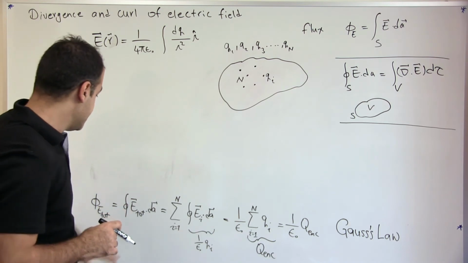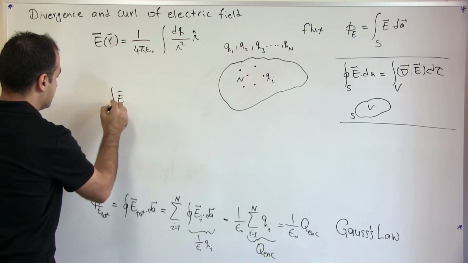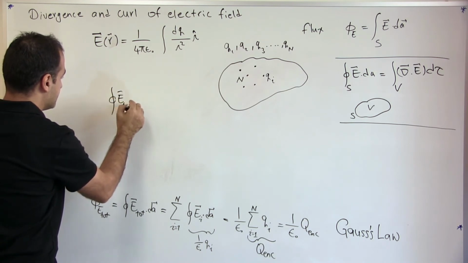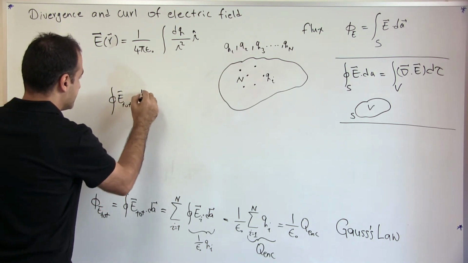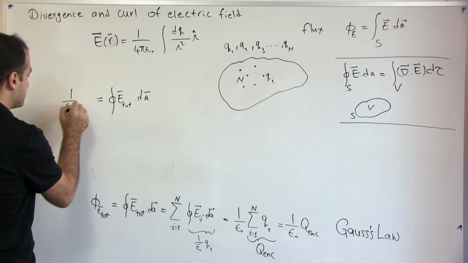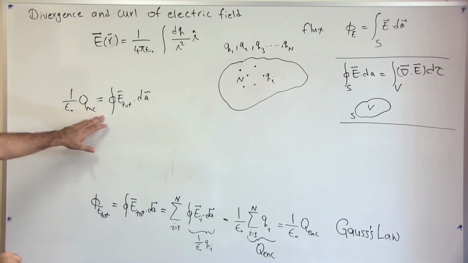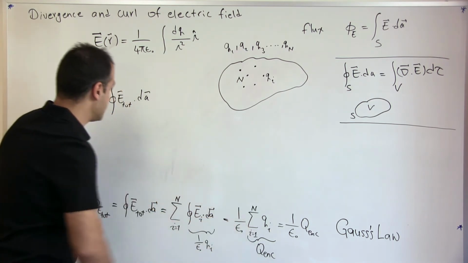Now, we had this integral of E total dot dA, which we said is eventually equal to 1 over epsilon naught times Q enclosed. I copy pasted this from the last line here.